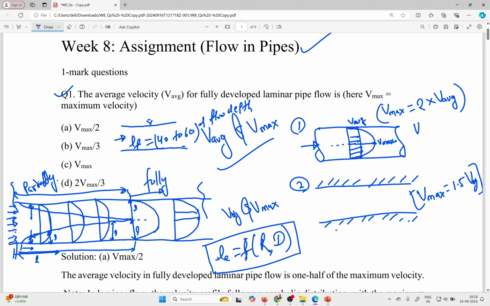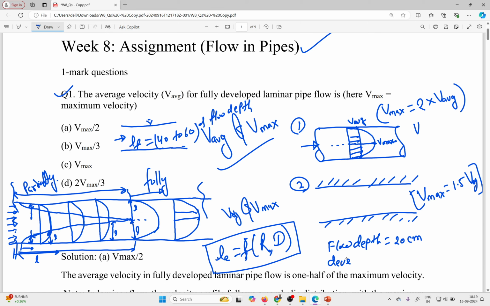Means if your flow depth is, let's suppose, 20 centimeter, then developed length how much? This is a thumb rule, and after experiments researchers have found it may vary between 40 to 60.